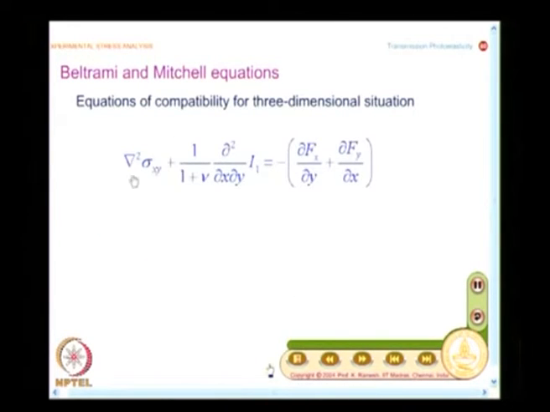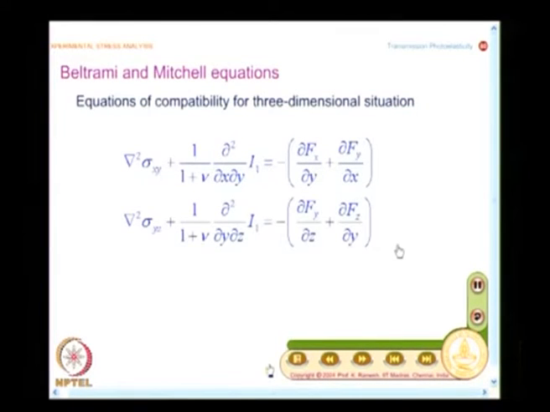The first equation looks in this form. I have del squared sigma xy plus 1 by 1 plus nu dou squared by dou x dou y I1 equal to minus of dou fx by dou y plus dou fy by dou x. So this also you will have 2 more equations which you can look at, but you can easily fill it up from the symmetry of these symbols.